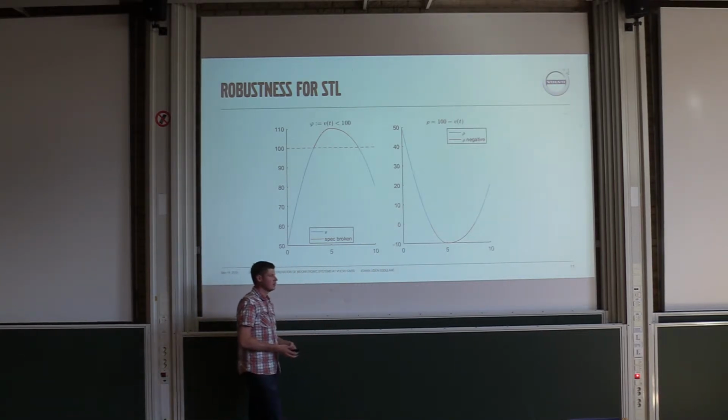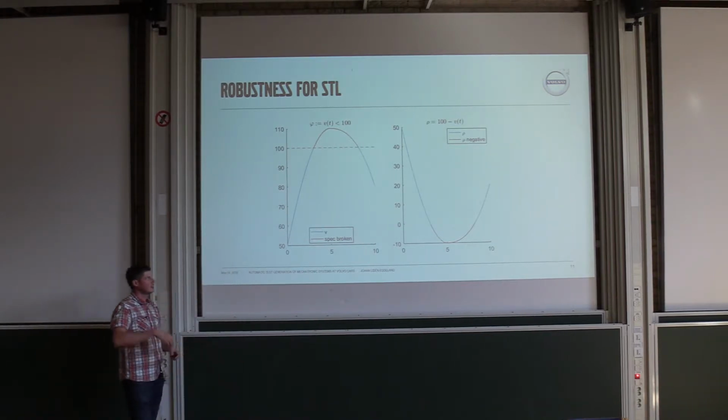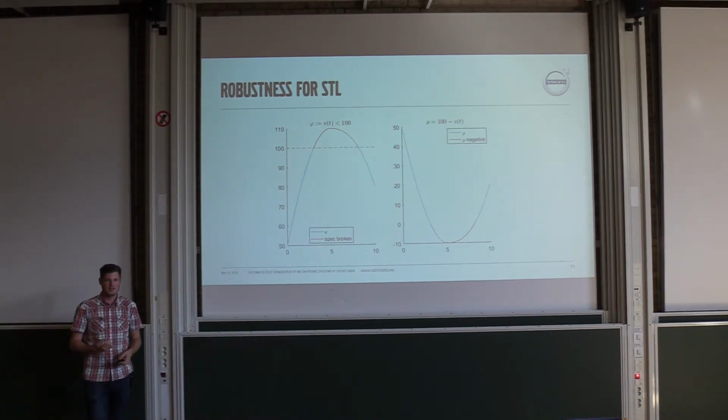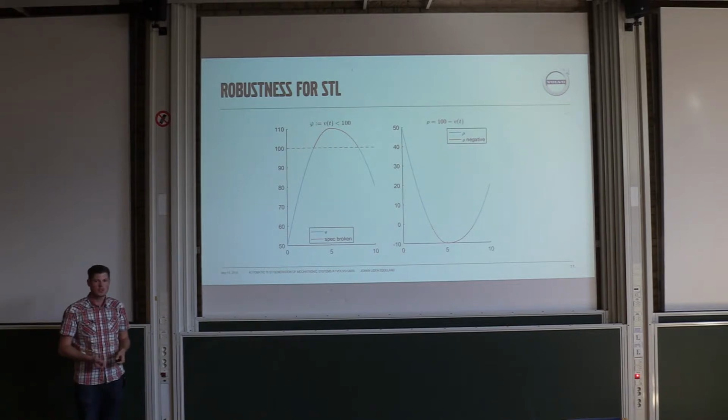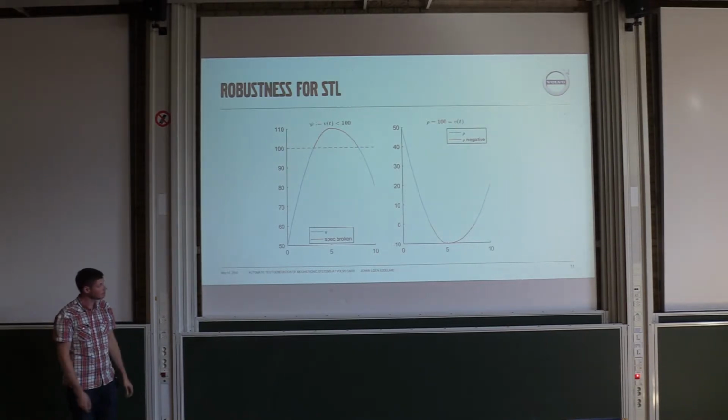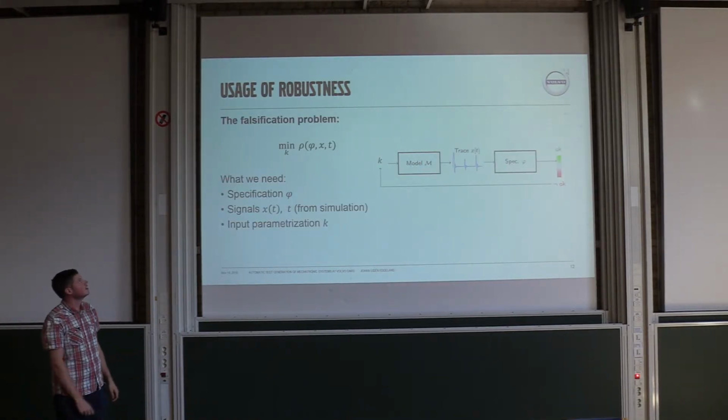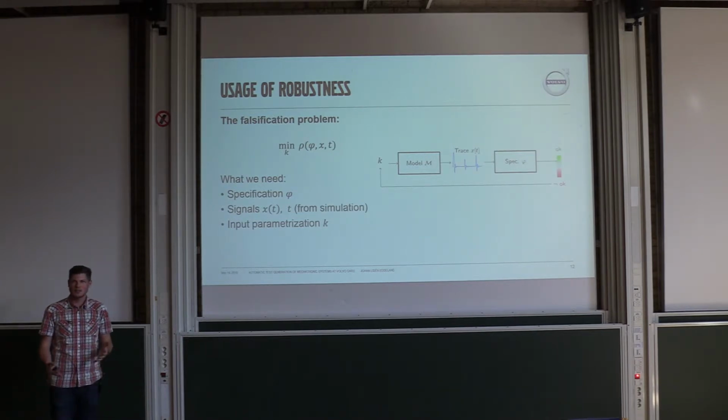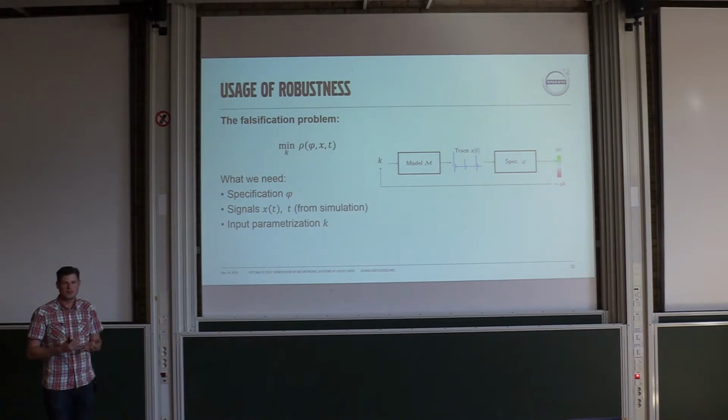That's kind of the point, because the more negative the robustness is, the closer we are to failing the specification. And that's what we want to do in testing when we have a specification. We're looking to minimize the robustness. We want to find scenarios or counterexamples where the specifications don't hold.